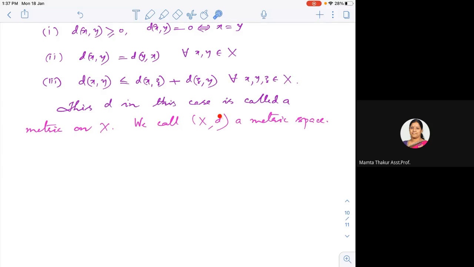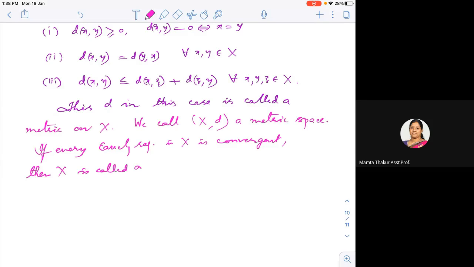A metric space in which every Cauchy sequence is convergent, we call a complete metric space. If every Cauchy sequence in X is convergent, then X is called a complete metric space.